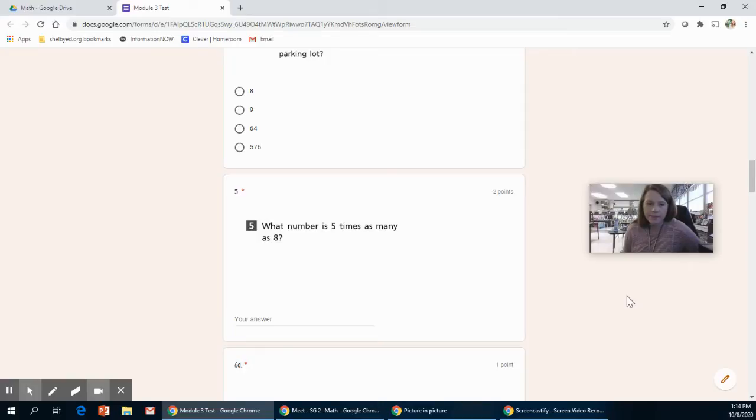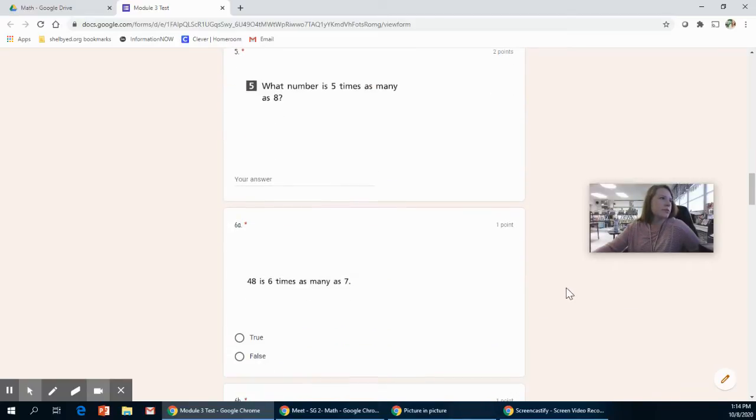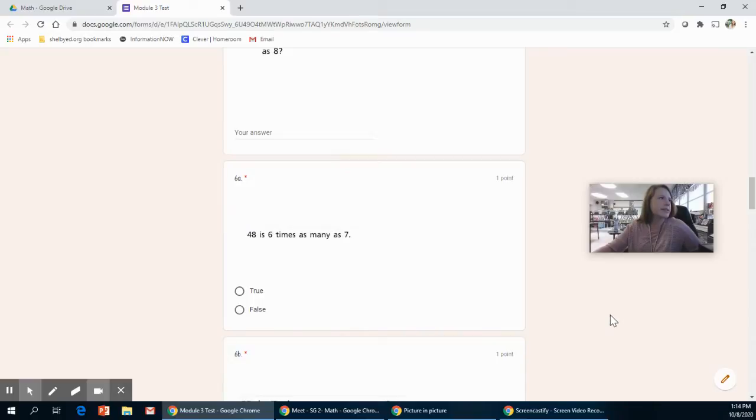Okay. Moving on to number 6. 6 has 2 parts. So 6A says, all right, it's true or false. 48 is 6 times as many as 7. So 48 is, which means equal to, 6 times as many as 7.